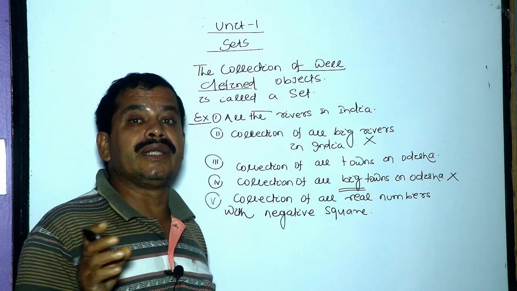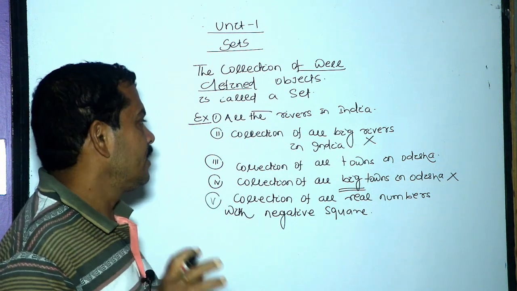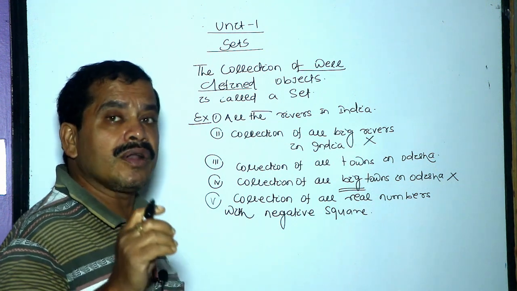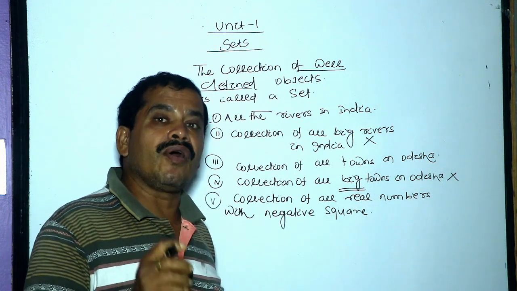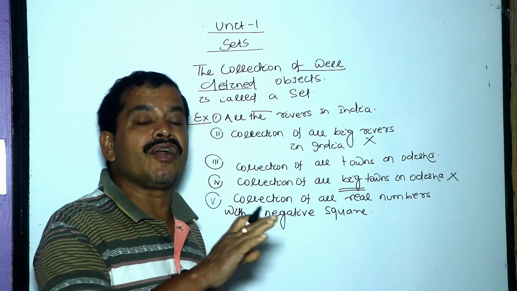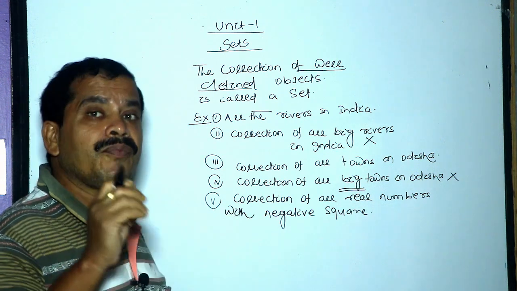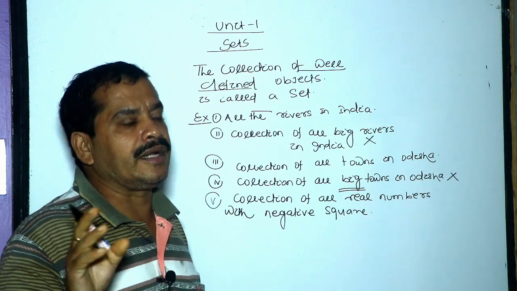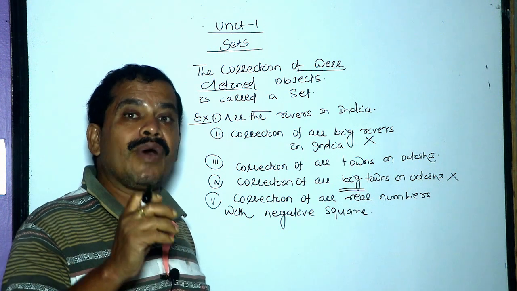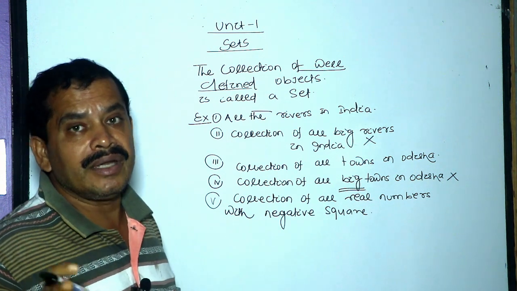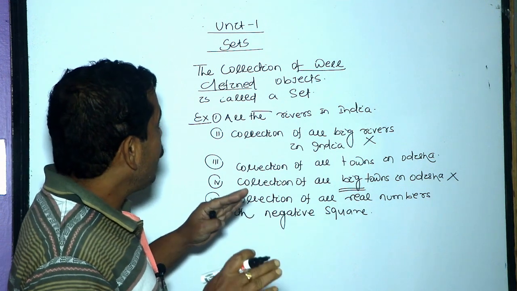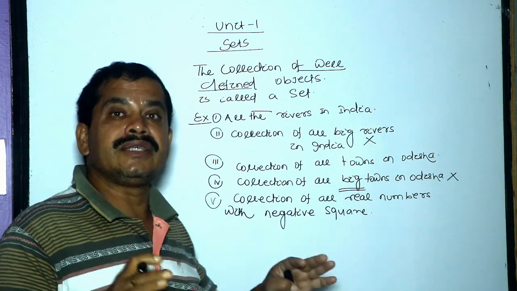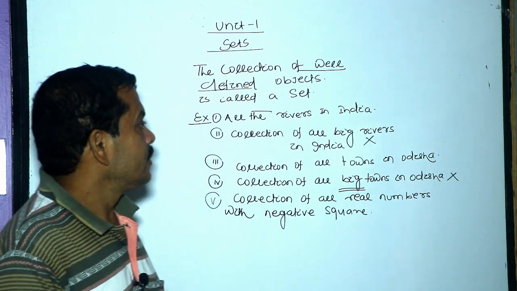Collection of all winged horses is a set. Collection of all college teachers is a set, but collection of all good college teachers is not a set. Collection of all human beings is a set, but collection of all wise men in the world is not a set. So the collection of well-defined objects is called a set.